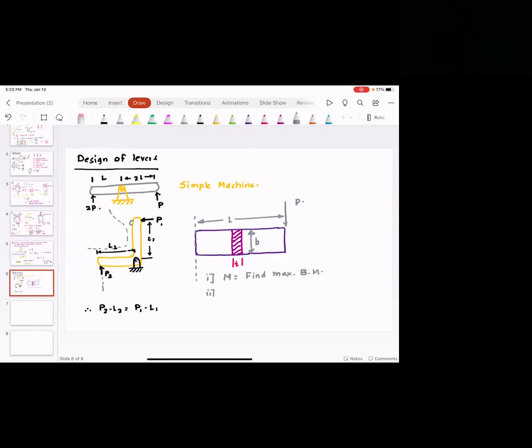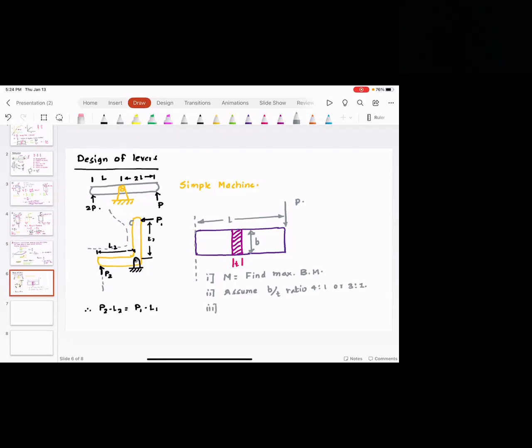Second, assume a B by T ratio. Usually the B by T ratio is 4:1 or 3:1, which means B is 3 times the thickness, or B is 4 times the thickness.